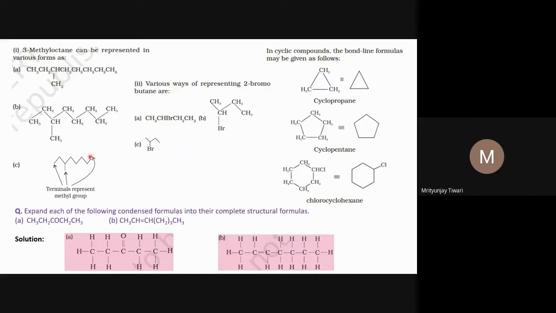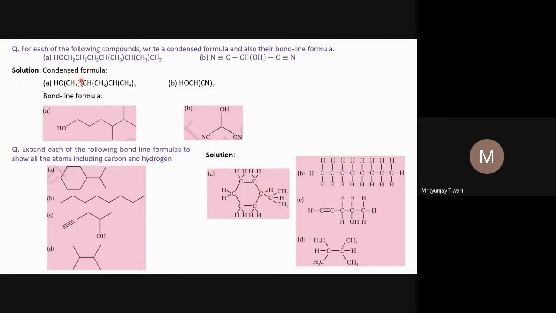So 8 carbon atoms will be there with the hydrogen atoms. And at the third carbon there is another methyl group, one CH3 group. So that one CH3 group one can write here. And the rest of the hydrogens and other things we will have to understand based on the valency of this carbon atom. And this is what we call the bond line structural formula for this organic compound. These are the examples we have already seen.